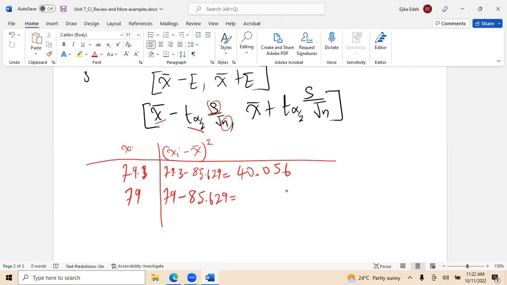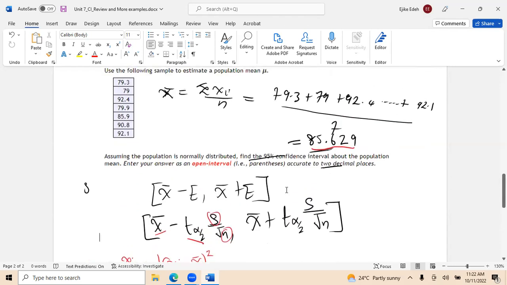So 79 minus the mean, raised to the power of 2. Okay, very good. So I've got the same here, 43.944. Okay, let's do the next one.